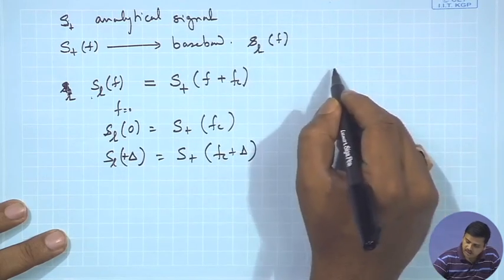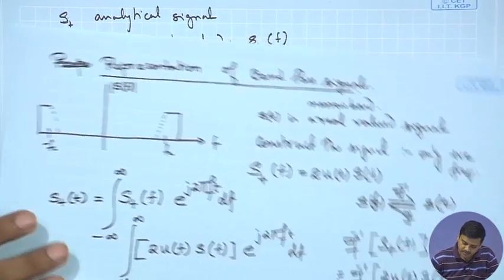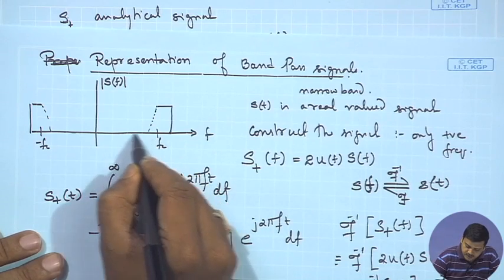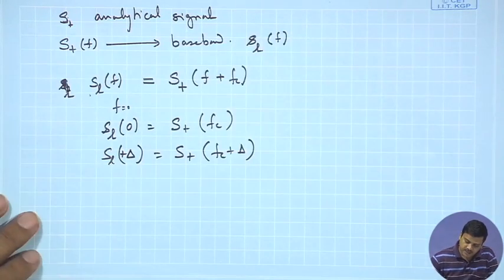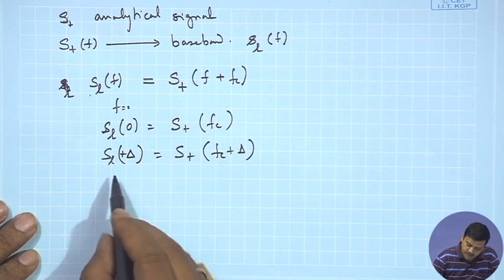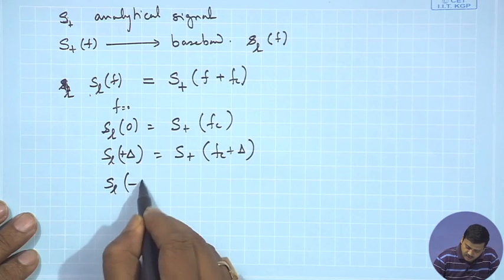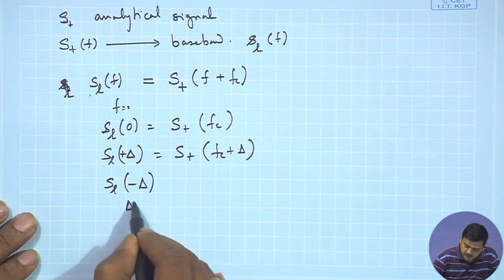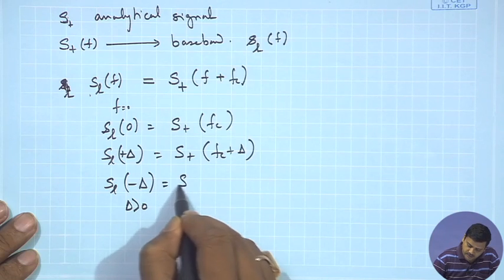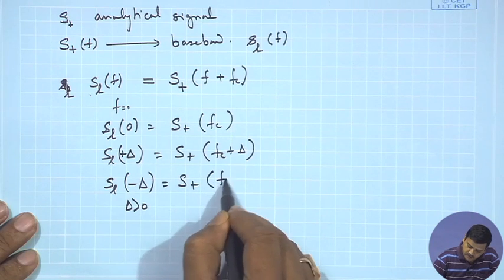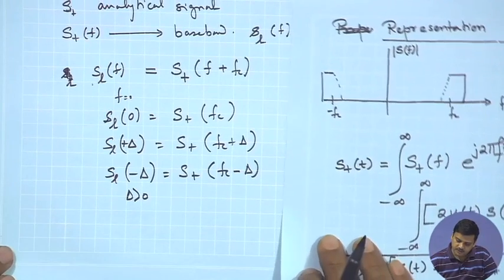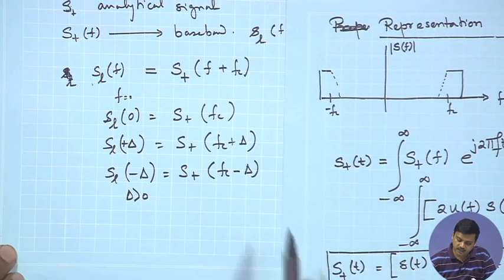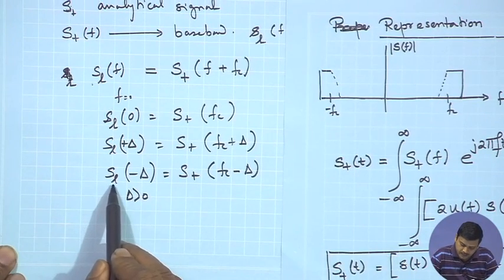Basically, if we go by our picture here, we are talking about bringing this spectrum here, as given by this relationship. If you put S_L of some minus delta, where delta is a positive quantity, you are going to get S_plus of f_c minus delta. So again, if we look at this image, then things will be clear as to what is meant by S_L of f.